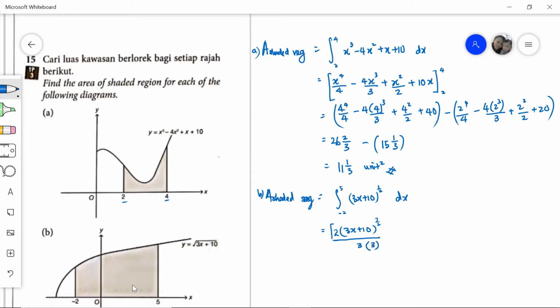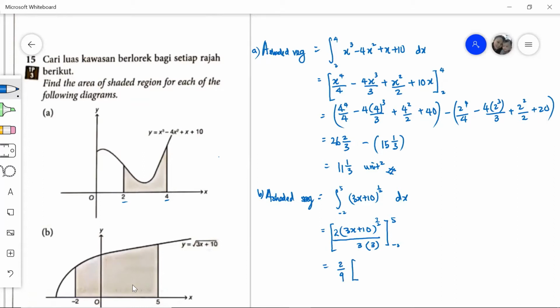And then the boundary from -2 to 5. Let's simplify this. The coefficient can be taken out, so 2 over 9.